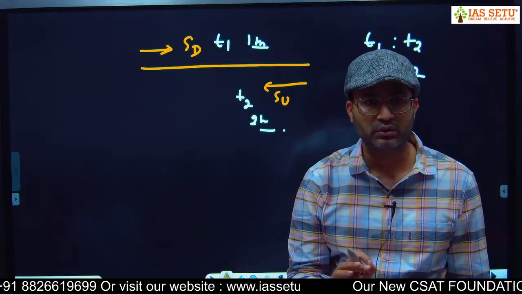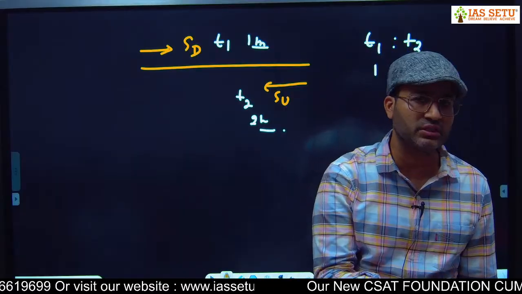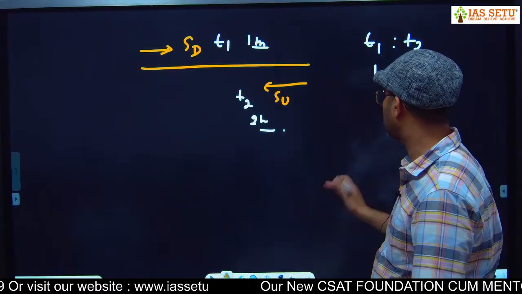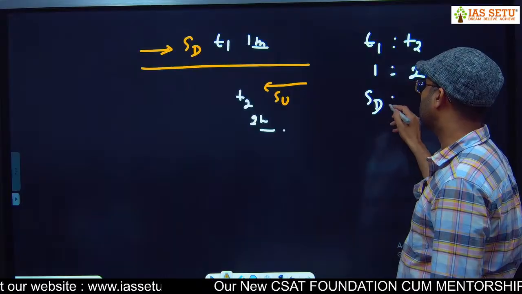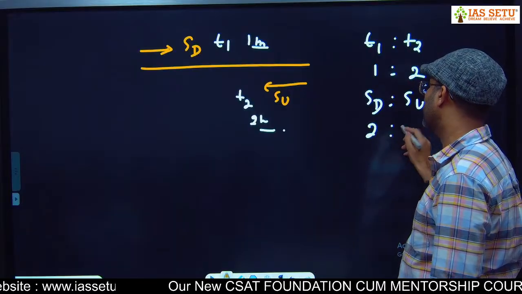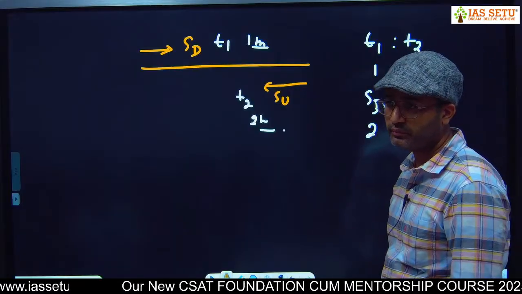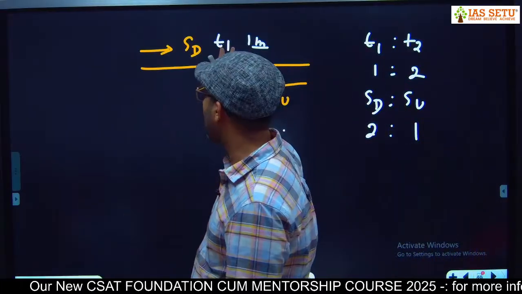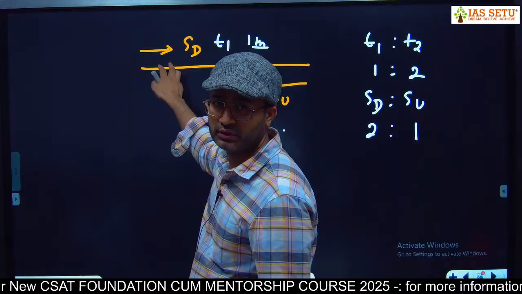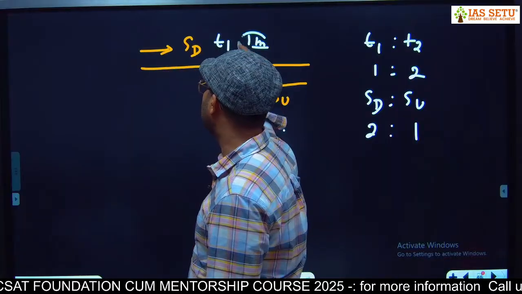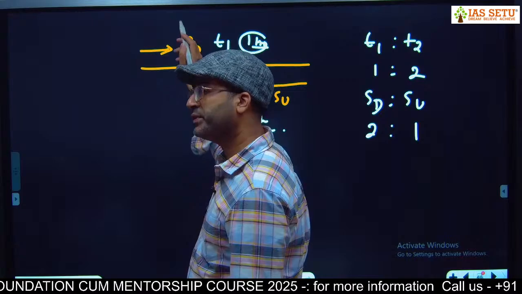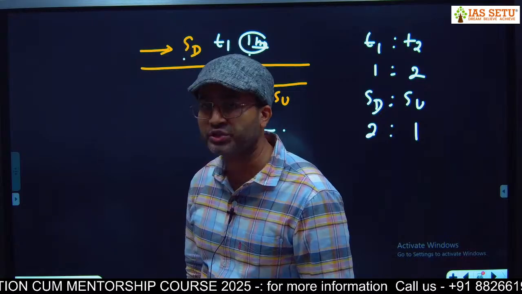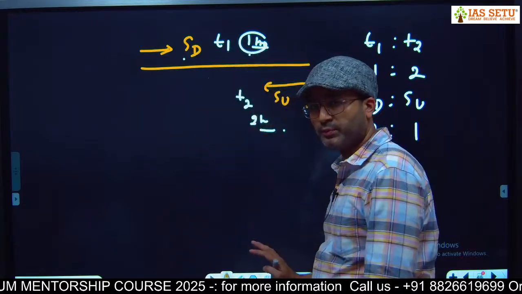Ulta. Speed and time are inversely proportional. Distance is constant. So here speed downstream is to speed upstream will be 2 is to 1. यहाँ पे अगर half time लग रहा है तो speed double होगी. सीधा logic है ना. Here he is taking half the time, so speed has to be double. So downstream is double as compared to upstream.